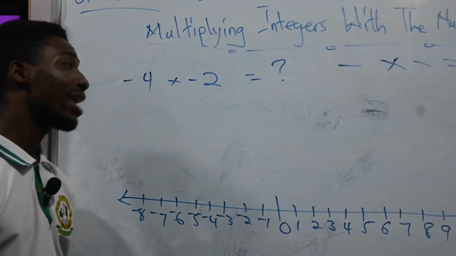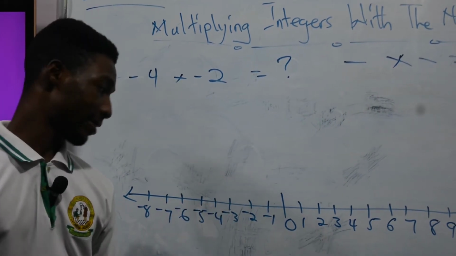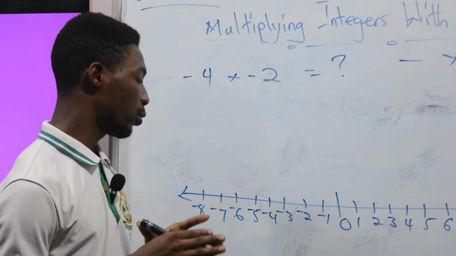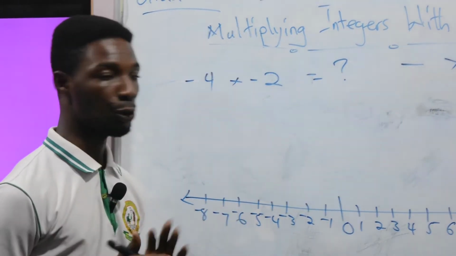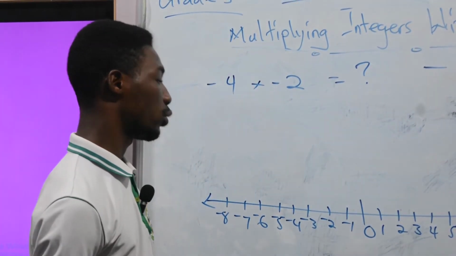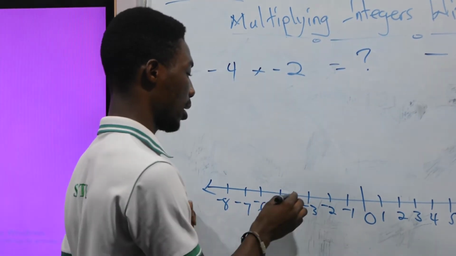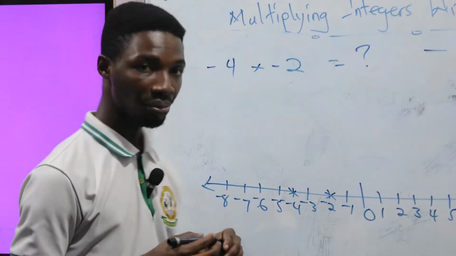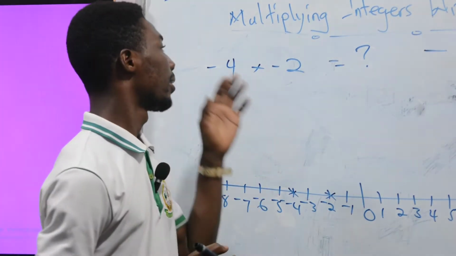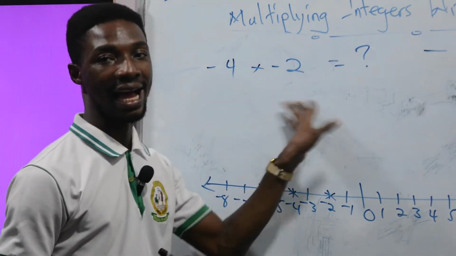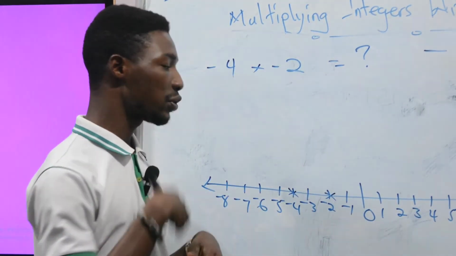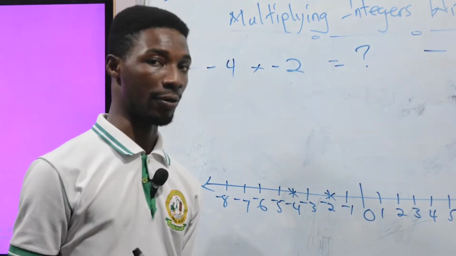Okay, we know that the answer will not exceed 8, okay? So what we have to do now is to mark out our 2 numbers. The 2 numbers are -4 and -2. Because the 2 numbers are negative, I have to move to the right of 0.